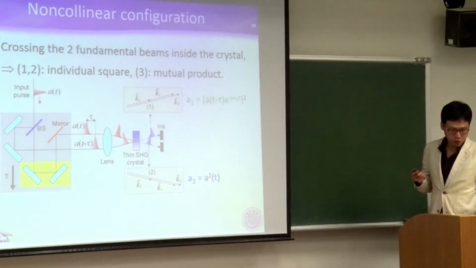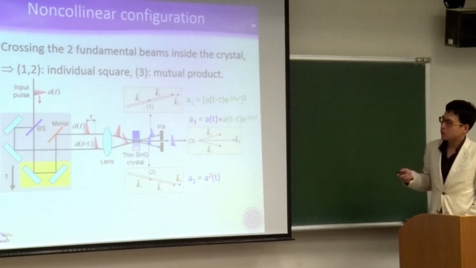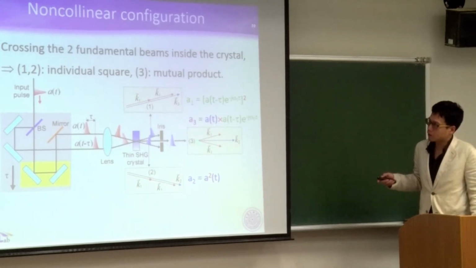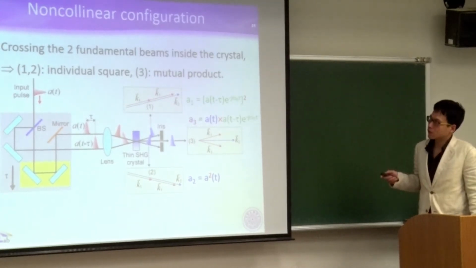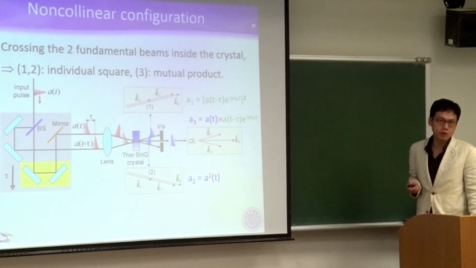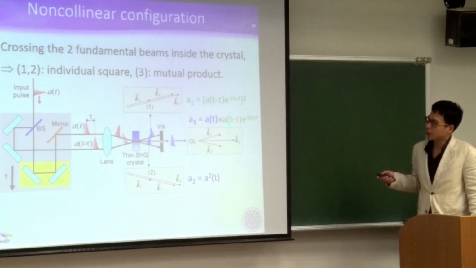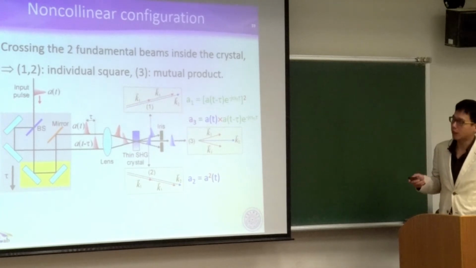And between the two output pulses, there is a third one, pulse number 3 here. Okay? The second harmonic electric field is the mutual product of the two fundamental fields, A of t and A of t minus tau times e to the minus j omega 0 tau. Okay? The mutual product now is separated from the individual squares.